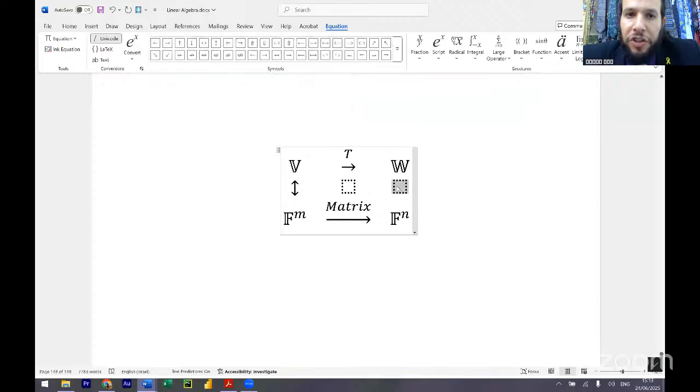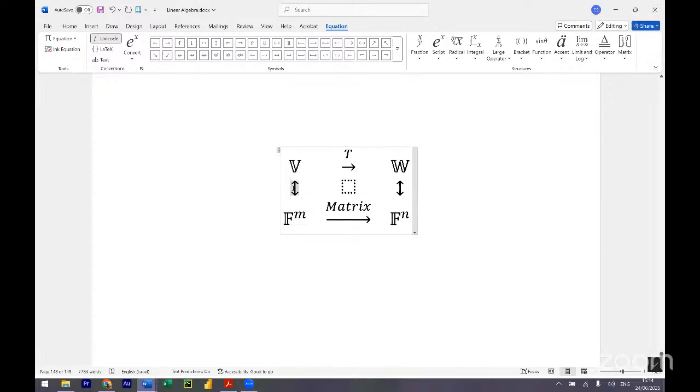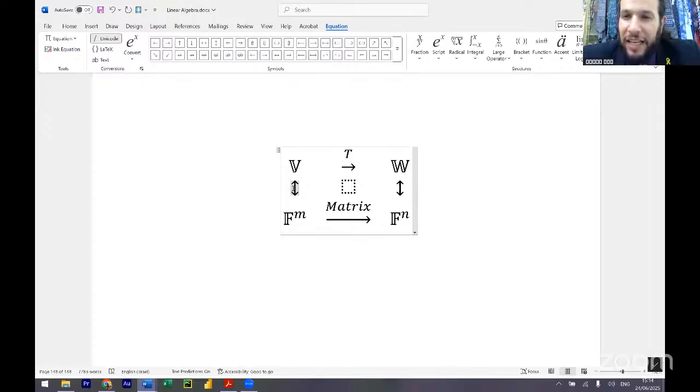What would be the connection here? So a matrix will bring me from here to here. But how do I make the journey from a vector to a set of coefficients? What would that be? Yeah, that's the coordinates, exactly that.